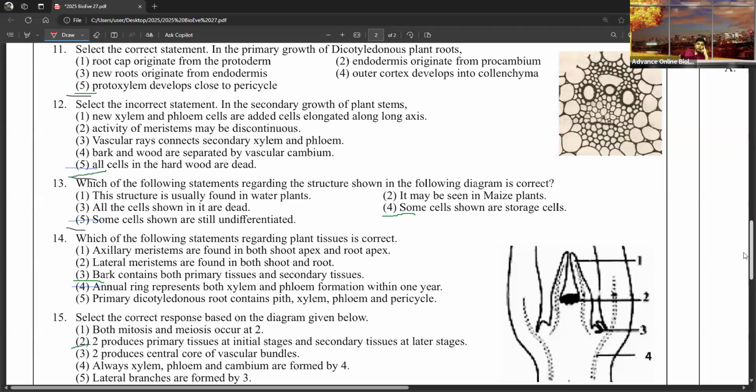Resins and gums, when they deposit, give more durability, right? So they are not damaged by fungi and other things due to that. Waste and secondary metabolites, everything can be deposited.